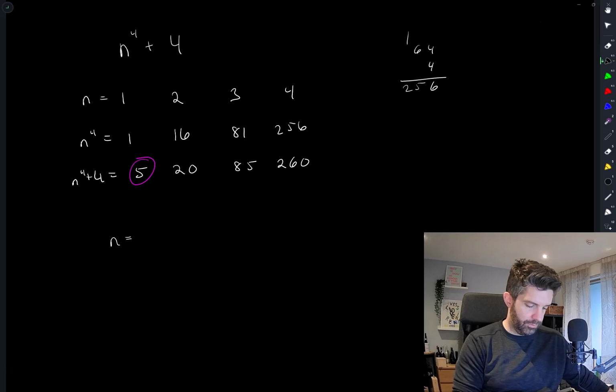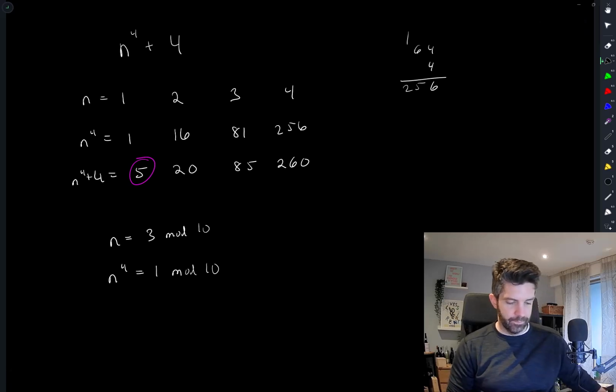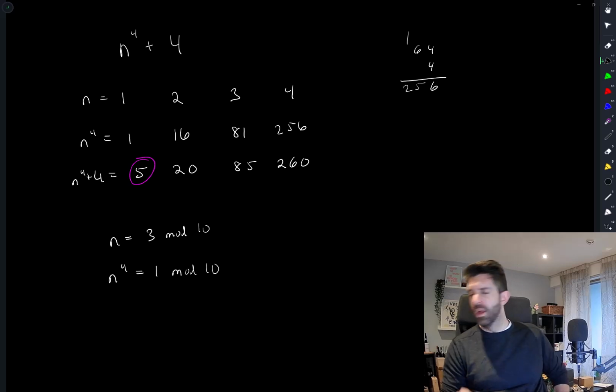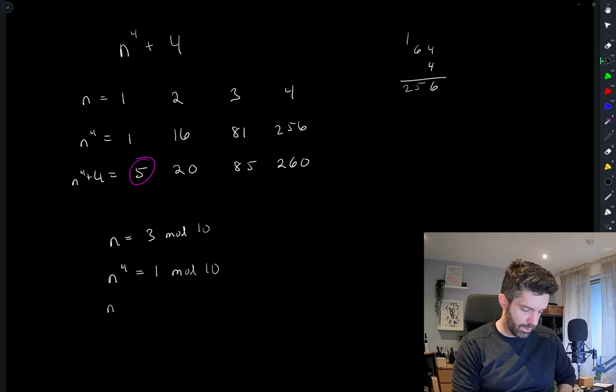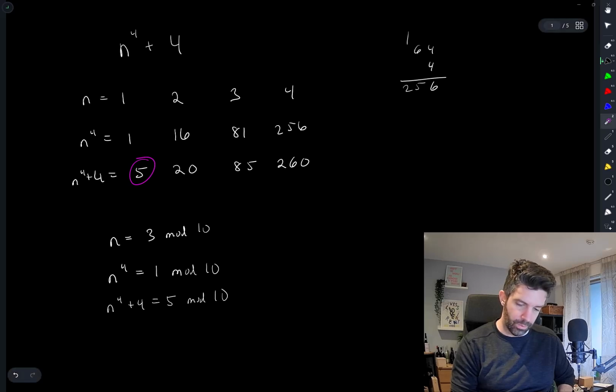What if n is equal to 3 mod 10? Then n to the 4 is equal to 1 mod 10. And so then when we add 4, this is 5 mod 10, which is only prime if it's equal to 5.